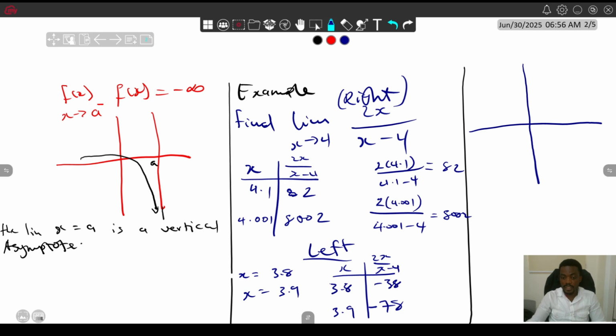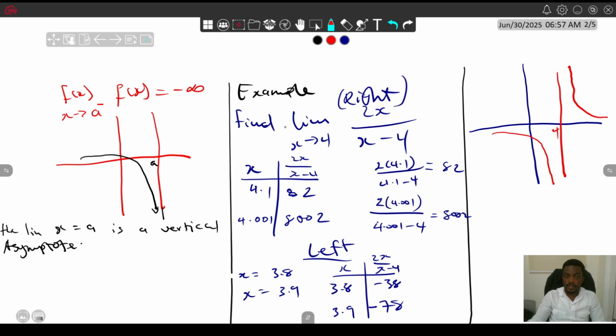So the graph of this function will look something like this. We have a line here at 4. From the right, we approach positive infinity, and from the left, we approach negative infinity.